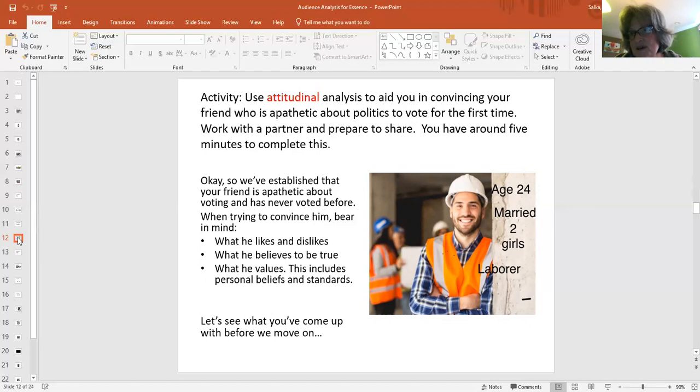This includes his personal beliefs and standards. For instance, you are not going to convince somebody who's Amish, who remains in the community after Rumspringa, that the modern world is wholesome. They're not going to believe that.